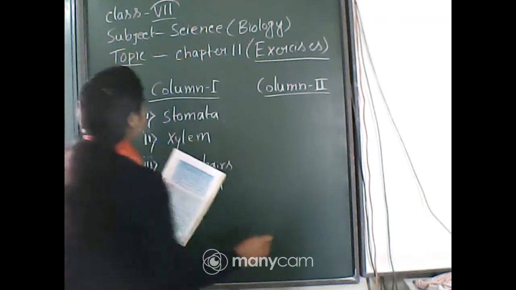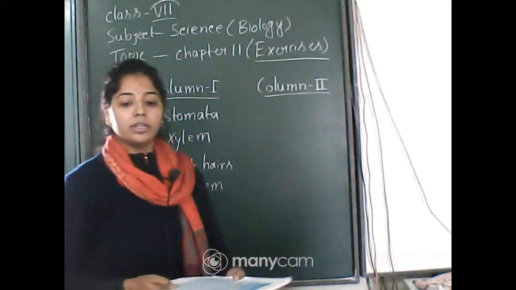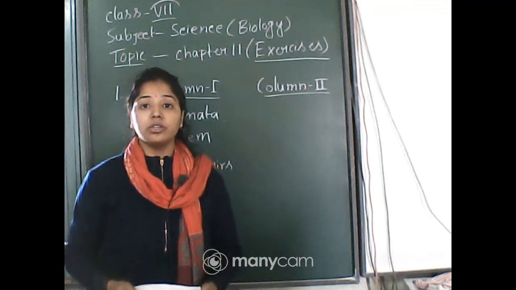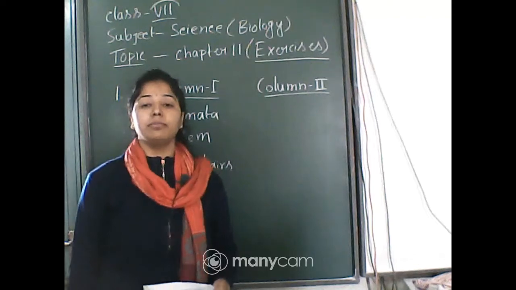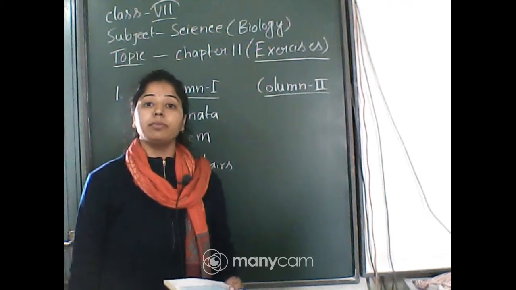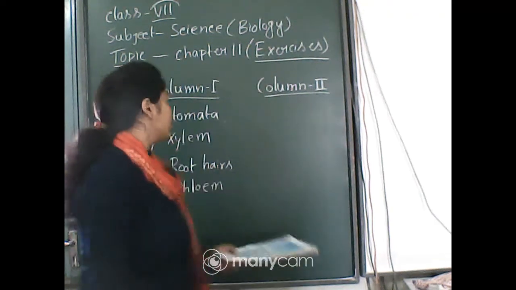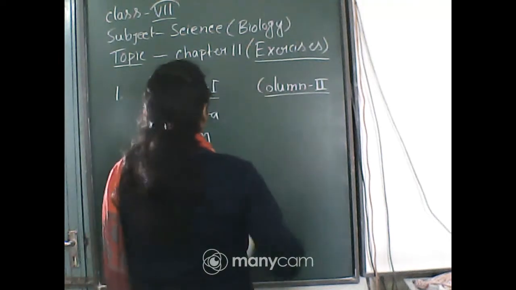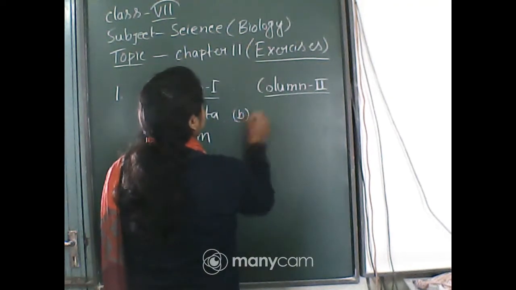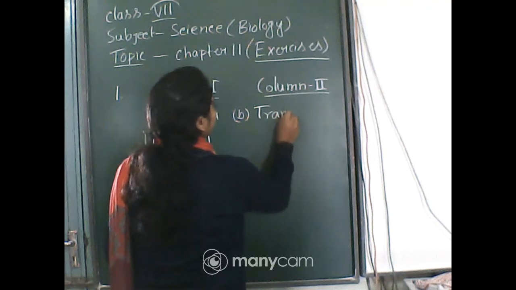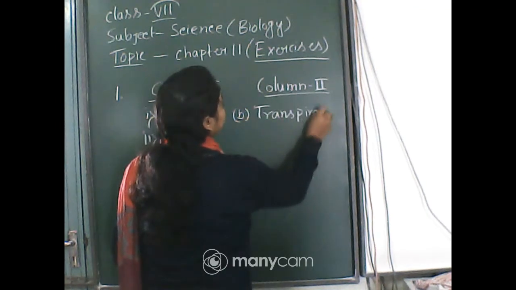Now, what is the function of stomata? You know what is the major role of stomata? It plays a very important role in transpiration. So here the answer will be option B, that is transpiration. Understood? Means loss of water.